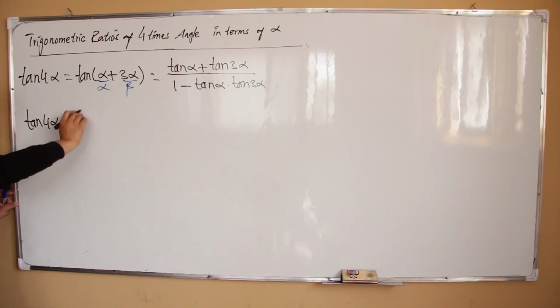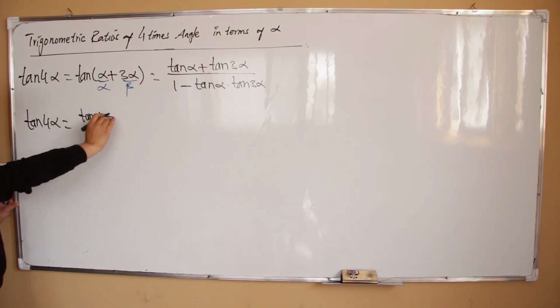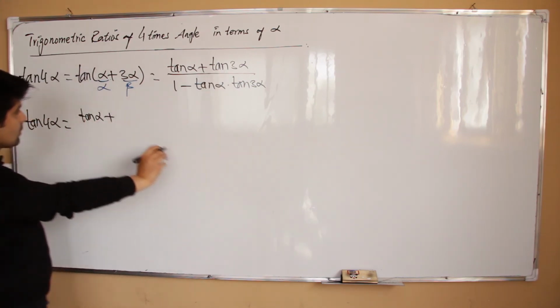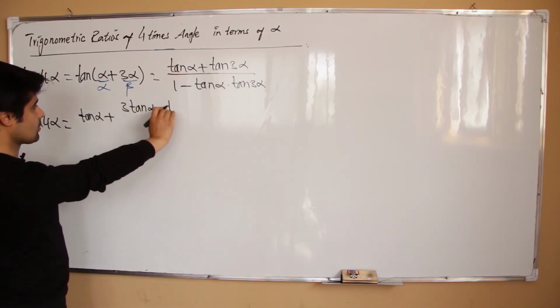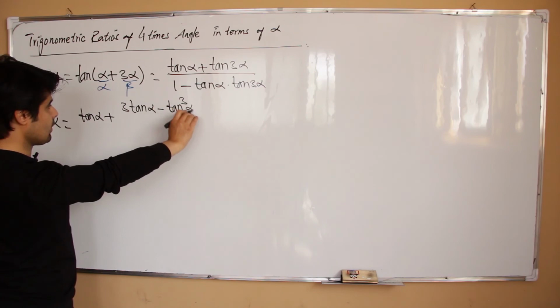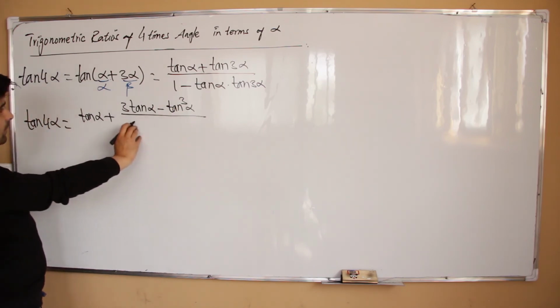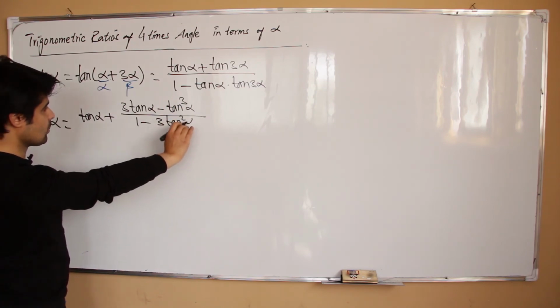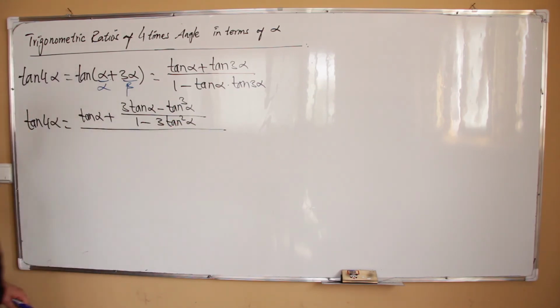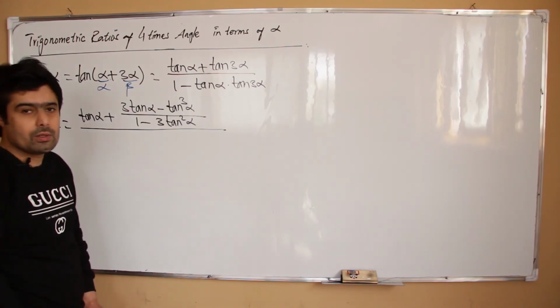Tangent alpha plus, what's the formula for this one? We have proved 3 tangent alpha minus tangent cube of alpha divided by 1 minus 3 tangent square of alpha. Am I right or not? Yes.